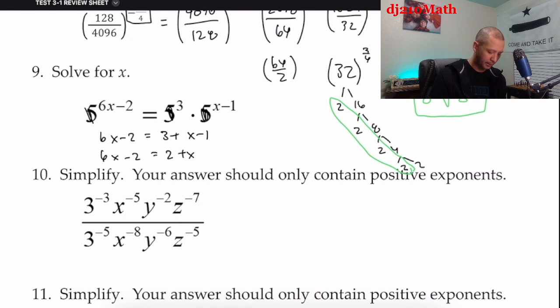Okay, getting x by combining the x's one way and the numbers the other way. So if I add 2 to both sides, I'm going to get 6x is equal to 4 plus x. Subtracting x from both sides, I'm going to get 5x is equal to 4. So ultimately, x is equal to 4/5.